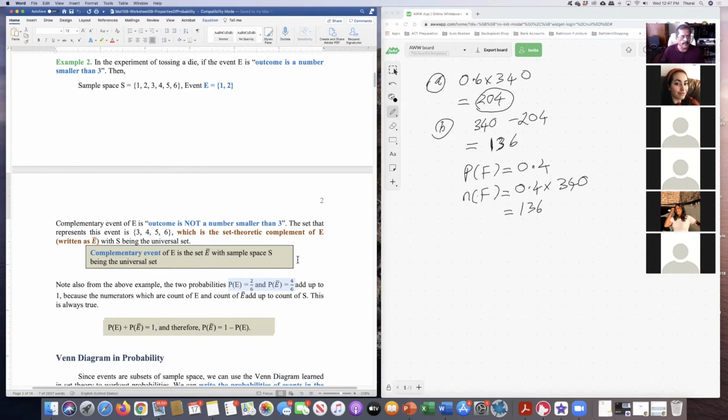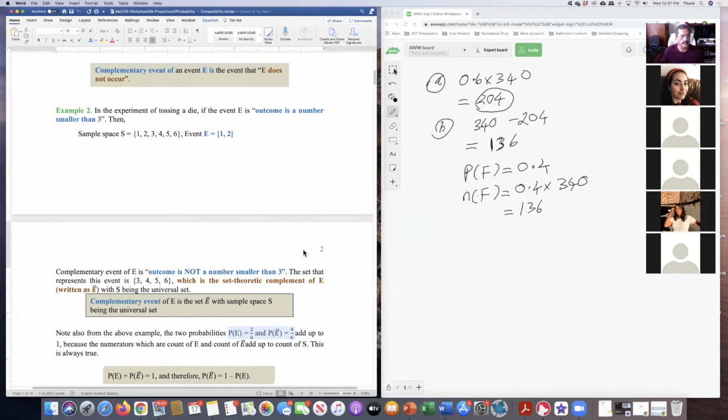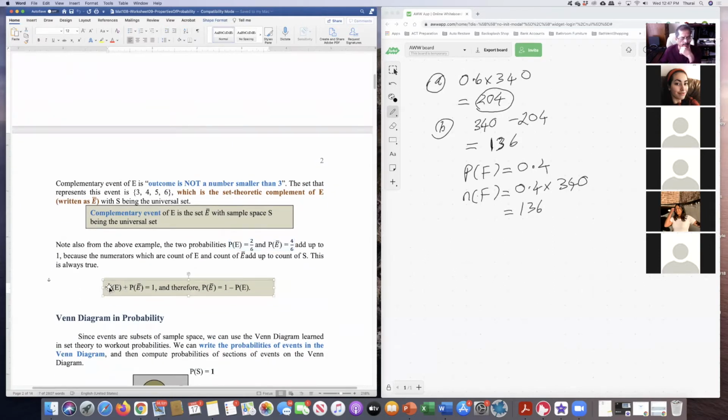So the two important facts here: one is a complementary event is the same as the complement of the given event with the universal set being the sample space. So in the sample space, you find the complement of the given event, and that is your complementary event. And probabilities of two complementary events will add up to 1. So if they're going to add up to 1, we can use that fact to find a complementary event's probability.